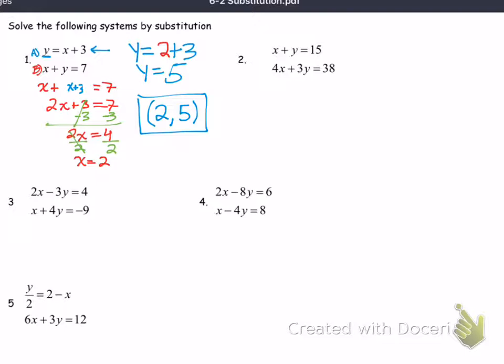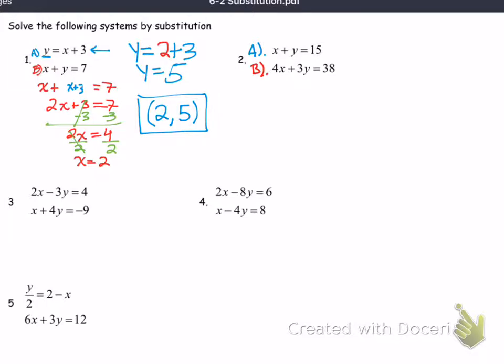If you feel like you can do the rest on your own, then pause and do the rest on your own. Otherwise, we can do number 2 together. In number 2, neither line A nor B has a variable by itself. So I'm just going to choose A, because there's a lot less to do here.